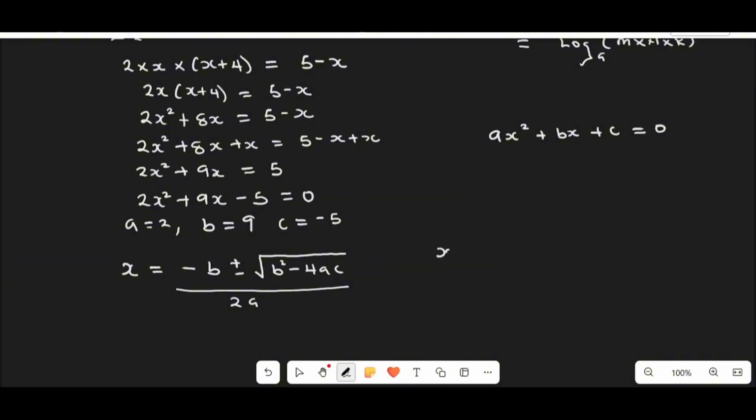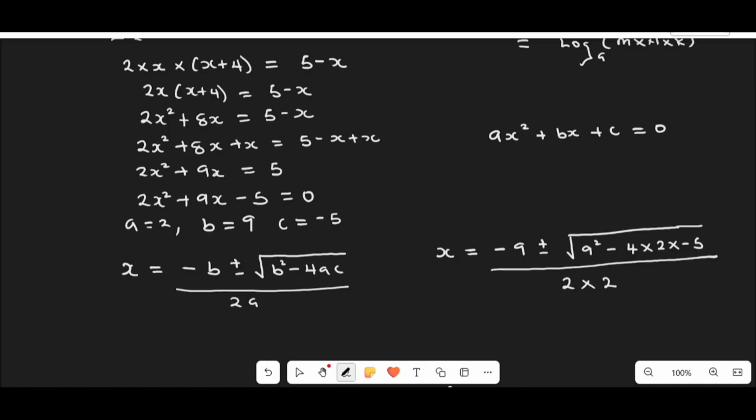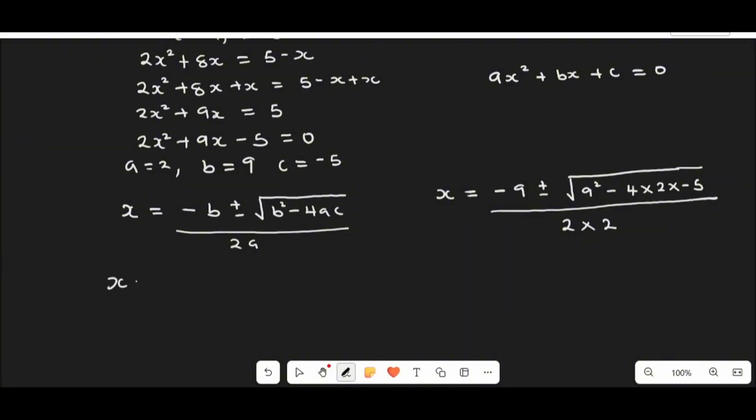So we can say x equals, our b is 9, minus 9 plus or minus square root of 9 squared minus 4 multiplied by 2 multiplied by minus 5, over 2 multiplied by 2.